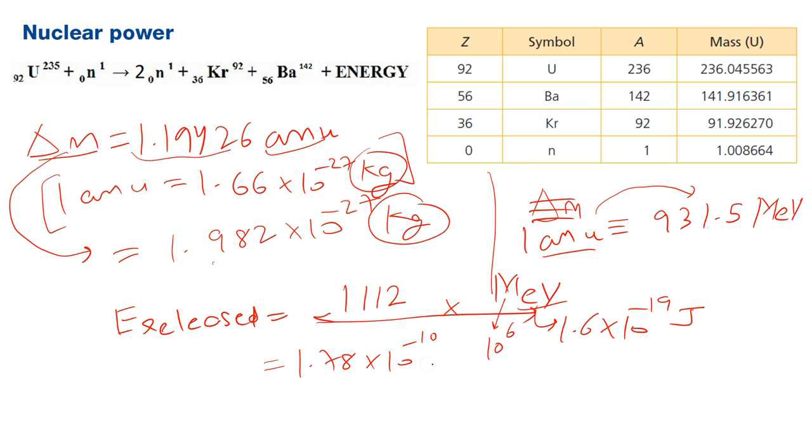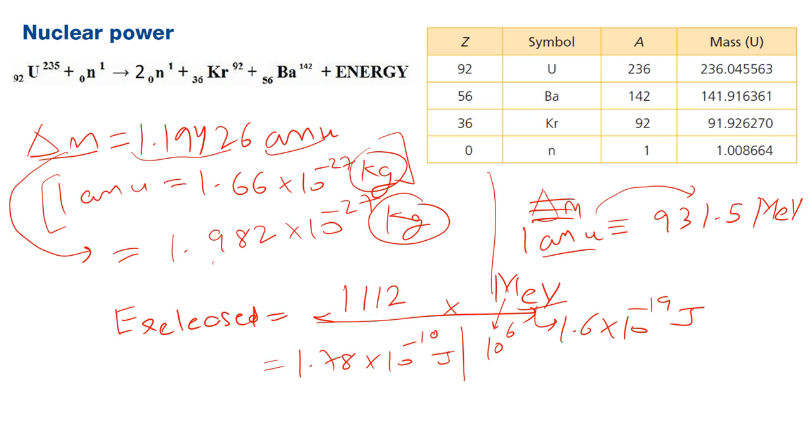Vaibhav and Smera, you just cross check. Yes, sir. 1.78 times 10 to the power minus 10 joules, right? Yes, sir. Alright, so this is how we find the energy.